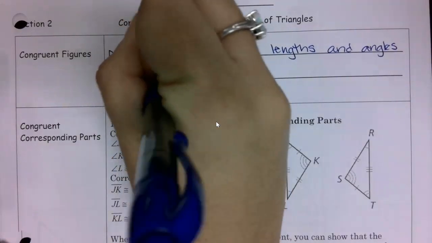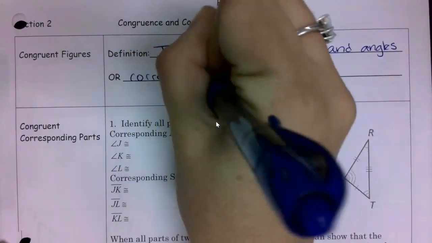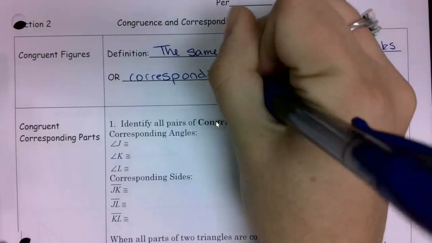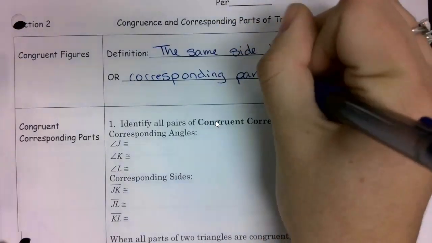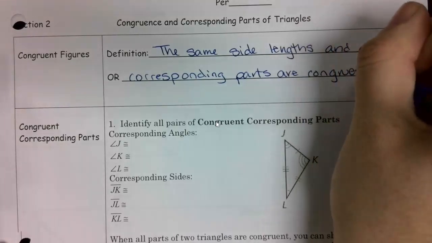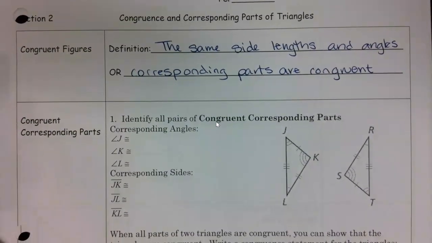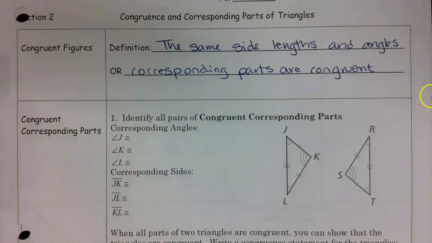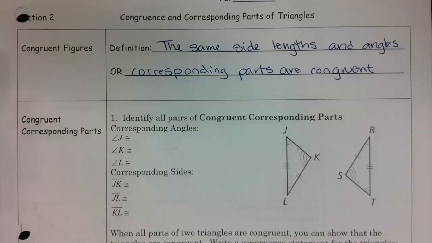So another way I can say that is corresponding parts are congruent. So this wants me to identify all of the corresponding parts. I have my corresponding angles, and then I have my corresponding sides.